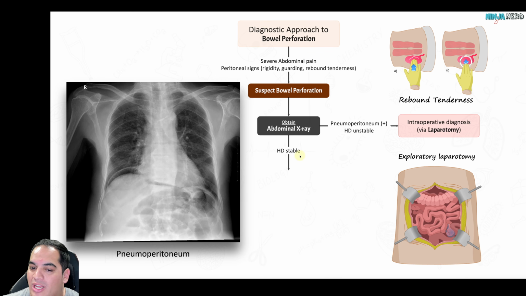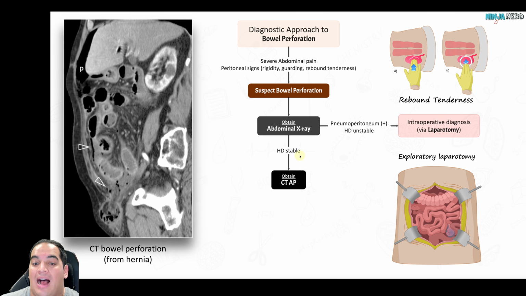In a patient who's more hemodynamically robust, I have some time. I can actually go ahead and figure out where the perforation is, and then that helps me surgically plan out what I'm going to do. So here I get a CT abdomen pelvis. I can say here, oh, look, they had a hernia. And the hernia became so ischemic because it was a complete loop obstruction that it caused ischemia to the bowel wall and then it perfed.